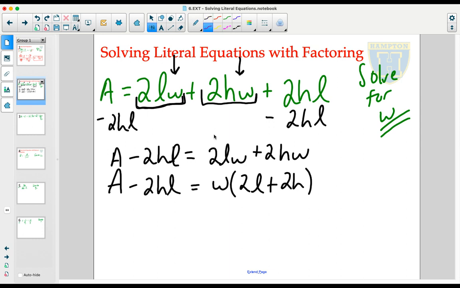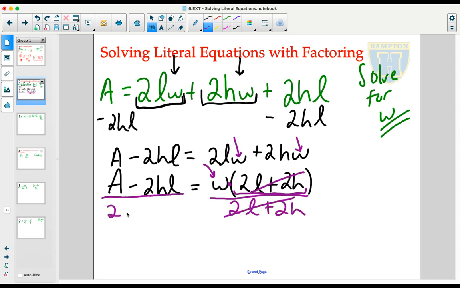Here is the W that we are trying to solve for. We have turned the 2 W's into 1 W through factoring, and that W is being multiplied by this entire factor, 2L plus 2H. Since W is what we're looking for and 2L plus 2H is the factor that's being multiplied by it, we can simply divide this whole side by 2L plus 2H, knocking out that entire factor and doing the same thing to the left-hand side.